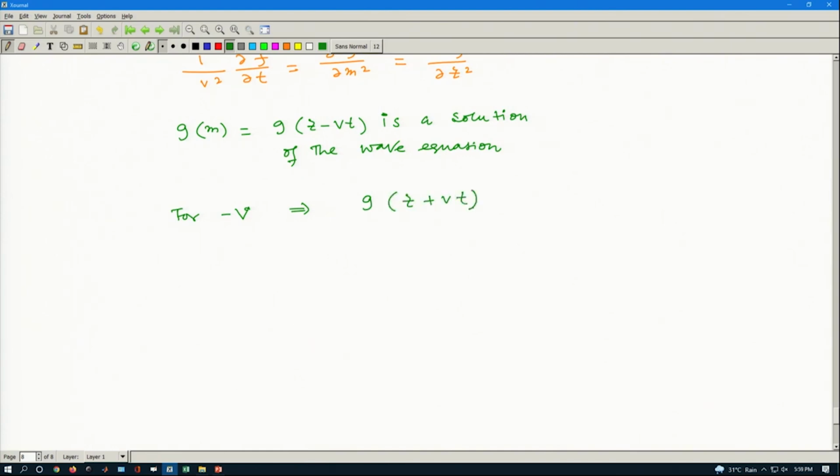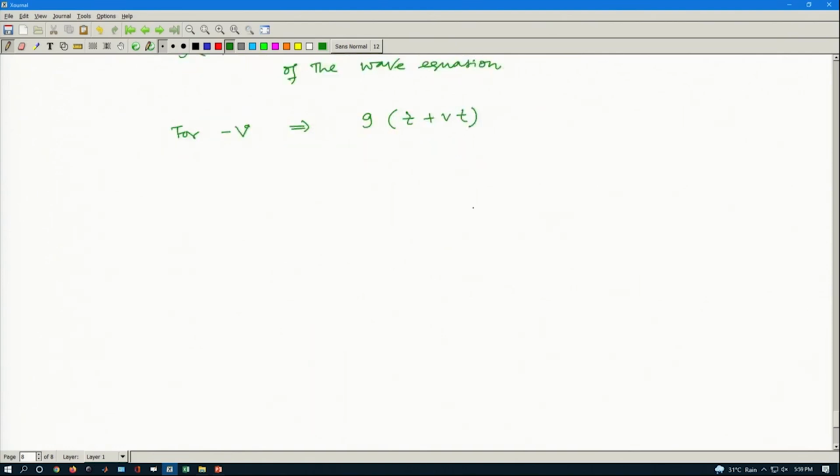Just replace the sign of v, because now the wave is moving in the opposite direction. So, in general, a superposition of these two solutions can be the most general solution of the wave equation.